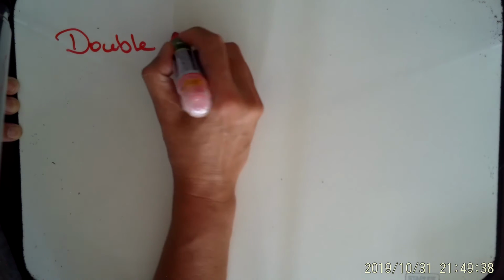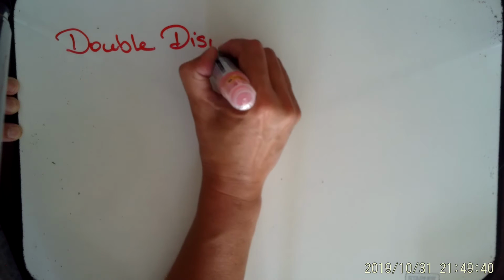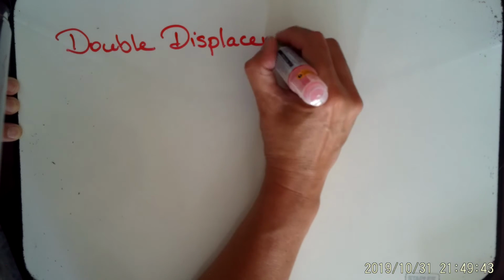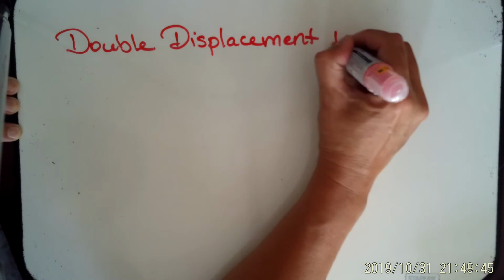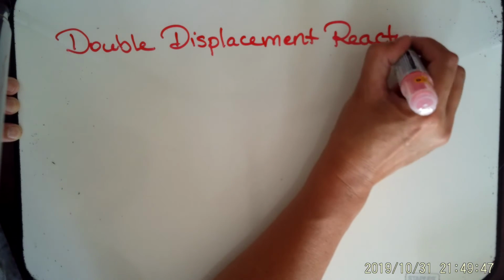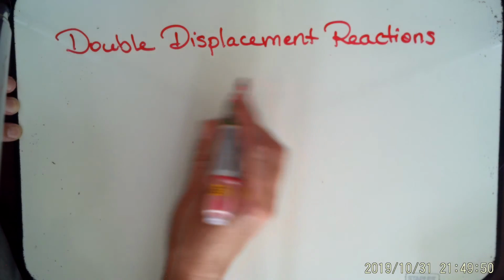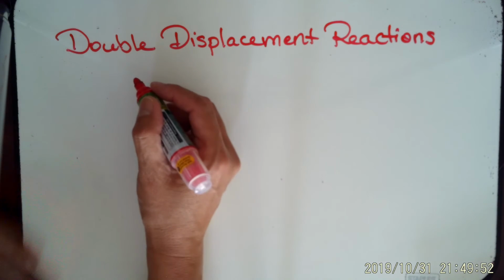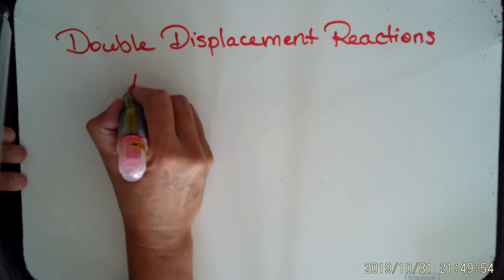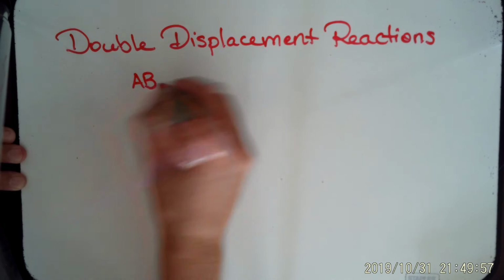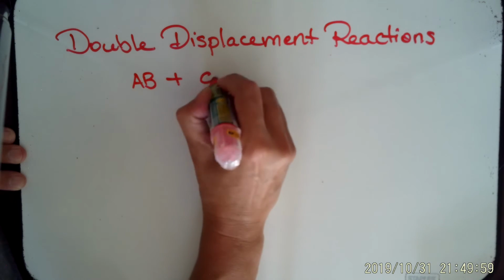And then there's a huge family of reactions that are double displacement reactions. And what we have is we have two solutions that are mixed together of ionic compounds. We have AB reacting with CD.